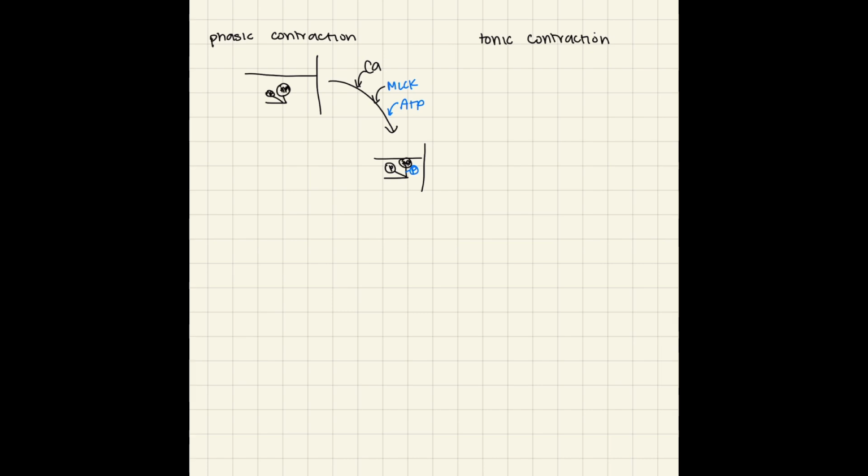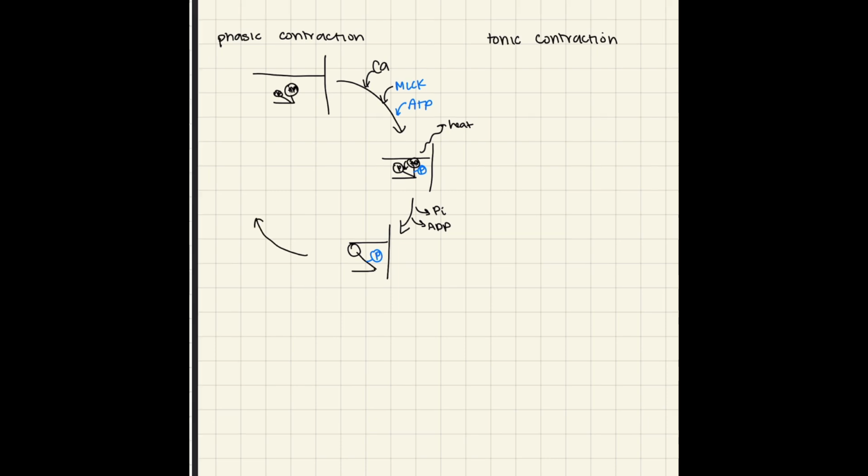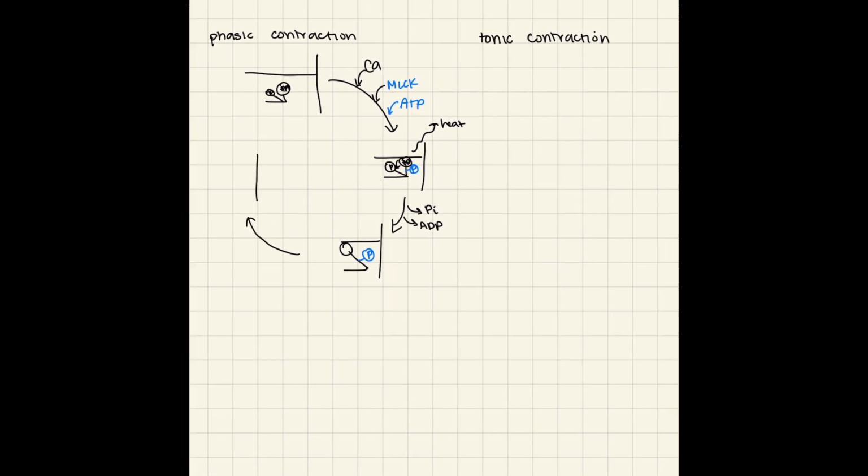So myosin binds, and we have a release of energy again as heat, and as breaking of a bond. Then we release an inorganic phosphate and an ADP. Then we're in a cocked position, still attached, but we have a phosphate attached. Then in this next step, we have ATP.